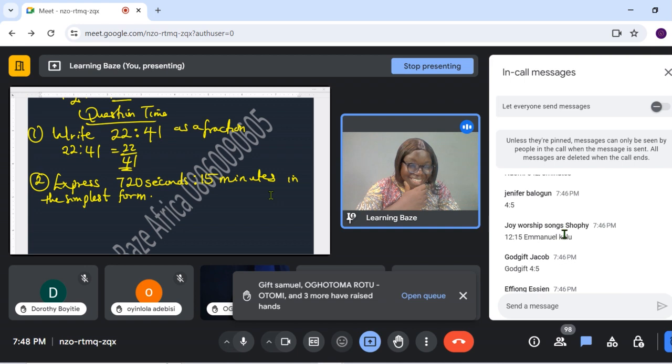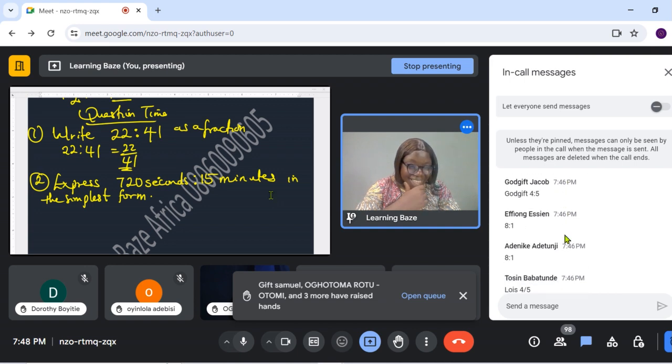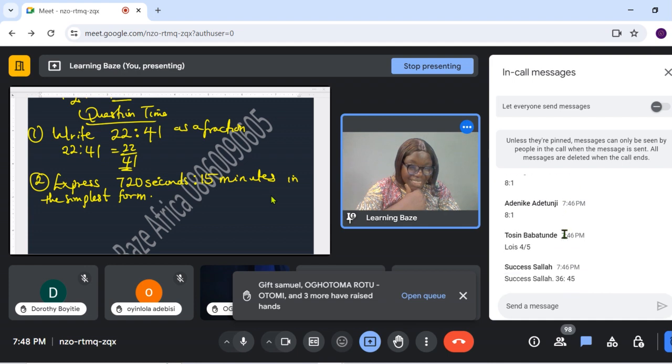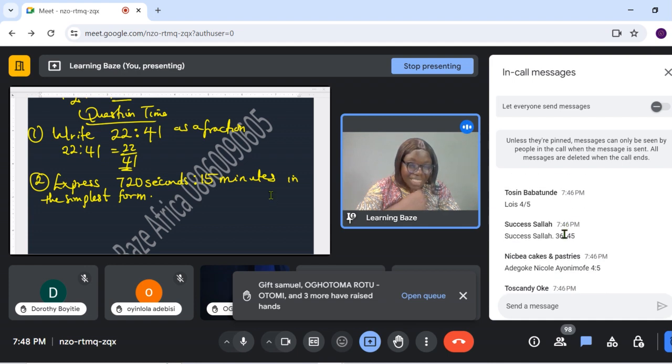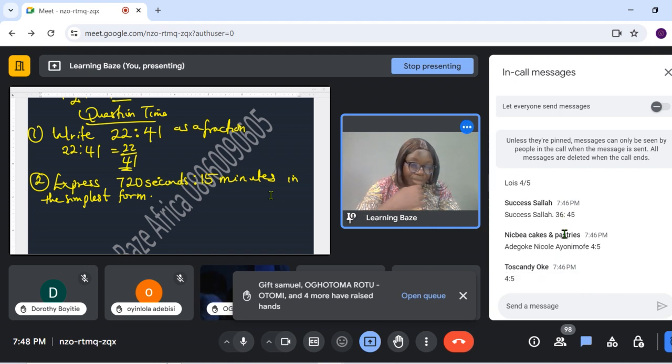Praise, correct. That's my Praise. God gift, correct. Lois, you left it as a fraction, that will give you half. You didn't change it to ratio. Success Salah, what happened? You didn't express it in the simplest form.